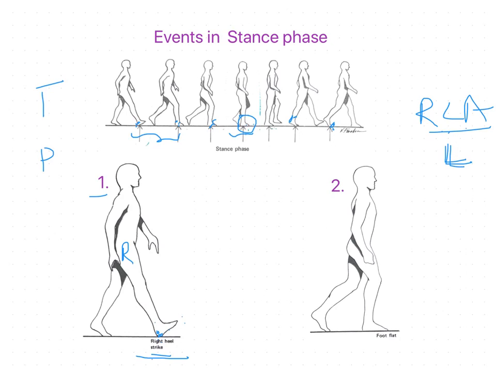First one is heel strike and the second one is flat foot. Flat foot occurs immediately after heel strike and is the point at which the foot fully contacts the ground. Here you can see the foot is fully in contact with the ground.